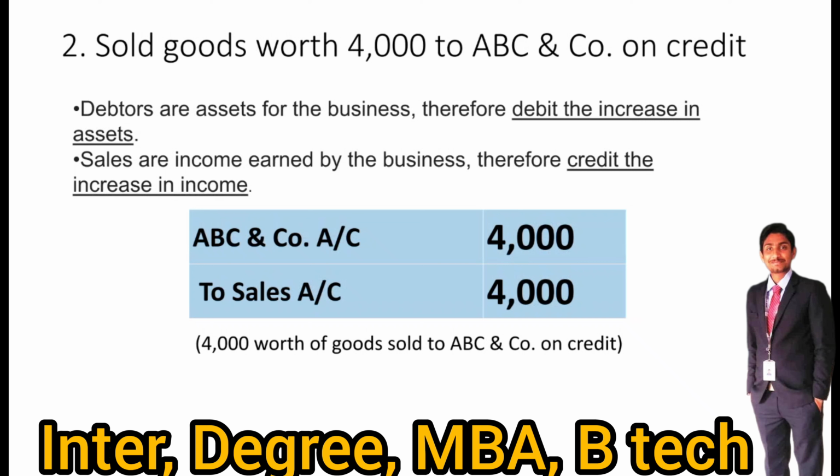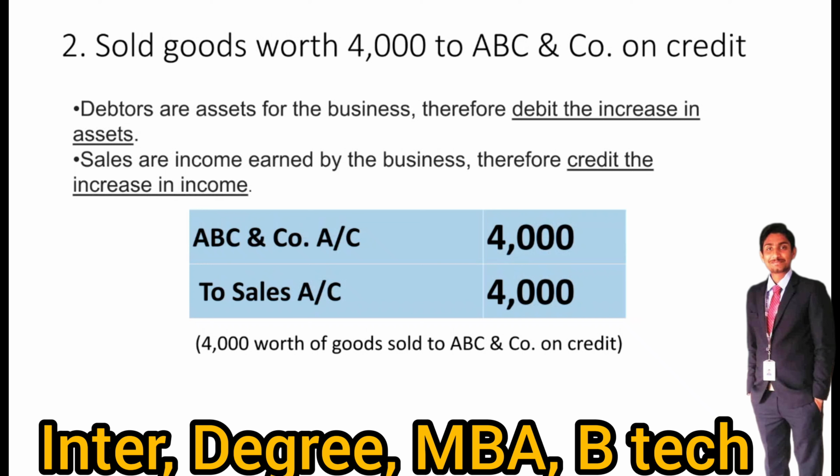The receiver we treat as a debtor, who needs to pay the sale amount. ABC and Co is a debtor for the business, and a debtor is an asset. If the debtor value increases, the asset value increases, so we mention it on the debit side of the transaction.